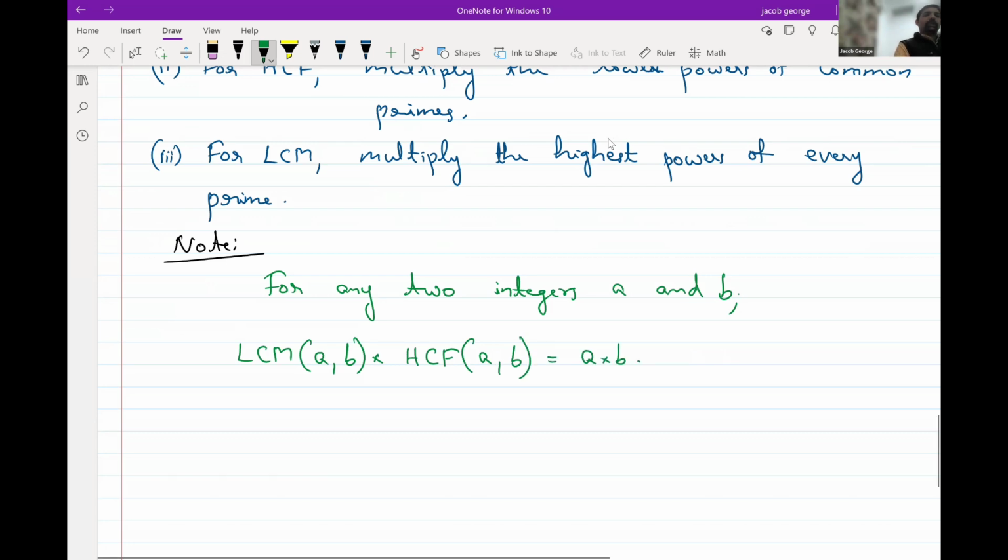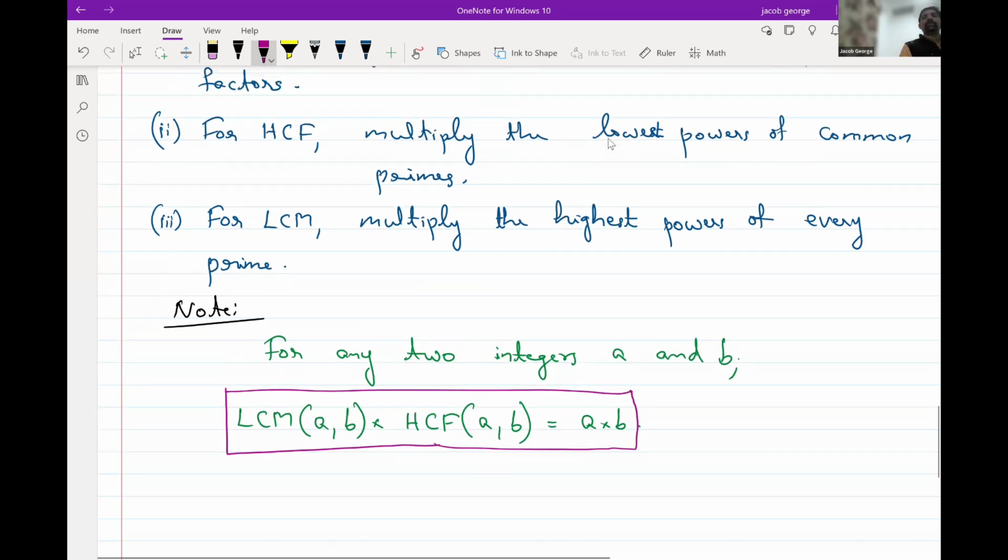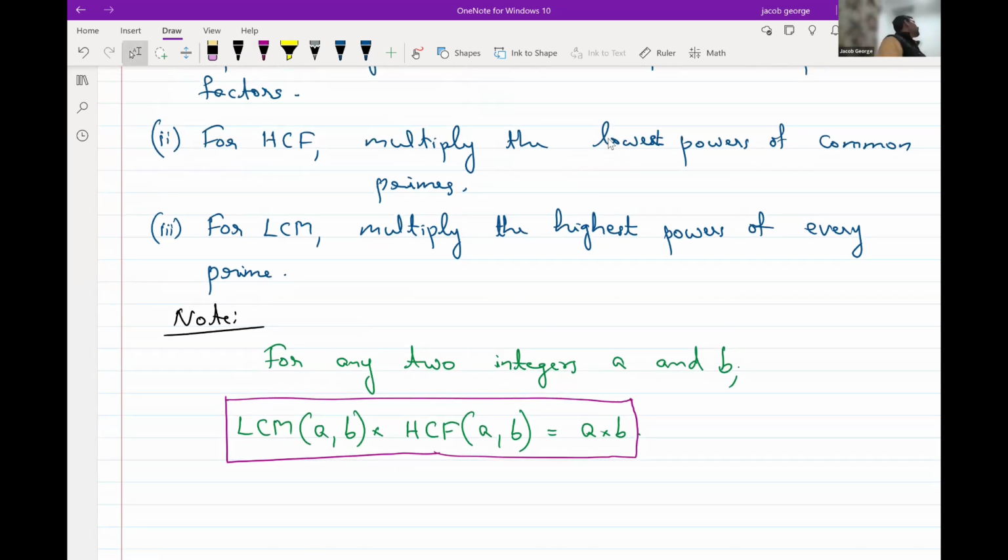Please note down. For any two numbers a and b, LCM of a and b into HCF of a and b is equal to a into b.